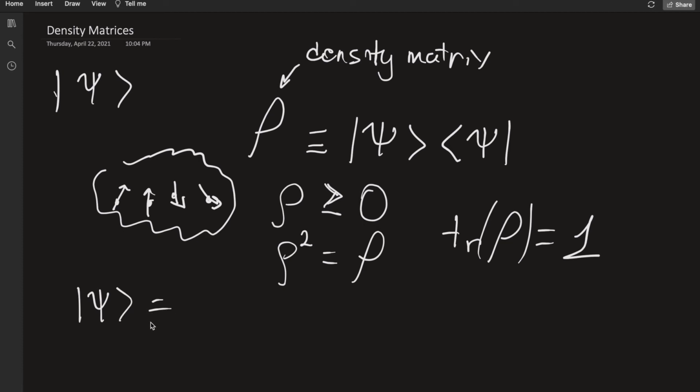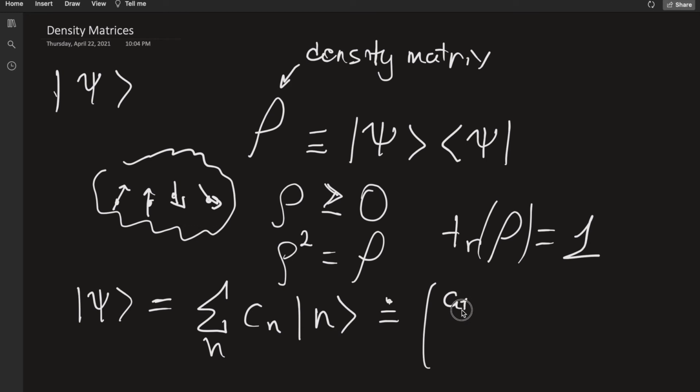I have a pure state, and this state can always be represented as the sum over n of Cn, so Cn are its entries. I can denote this as C1 through Cn, and each is multiplying a basis vector.